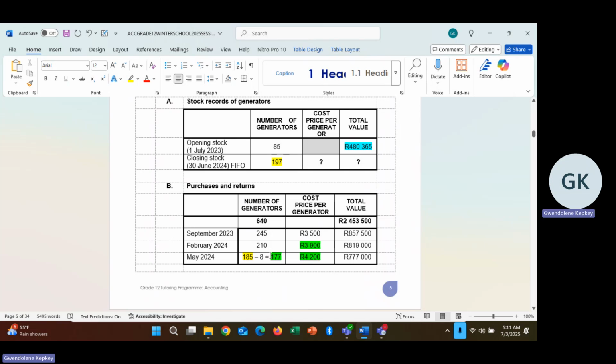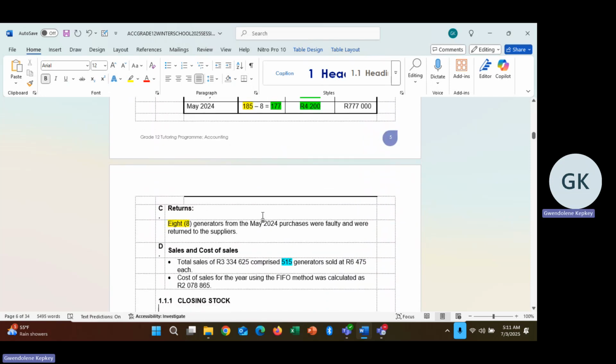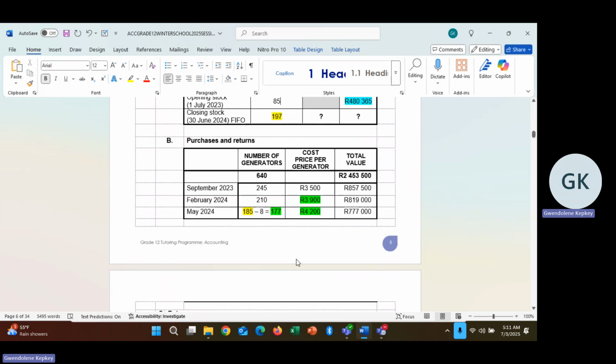Then it indicates that I have returned 8 items. What else is important? Here's my sales, I have sold 515 items. Then the very last important bit of information here, I have left 197 items. Clearly, you've seen that ma'am has now just concentrated on the number of items.